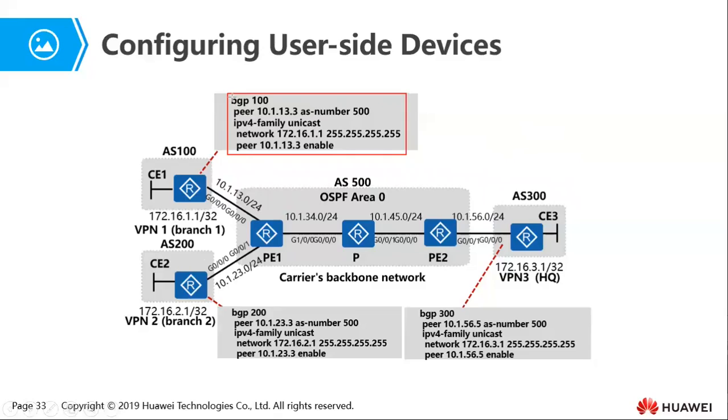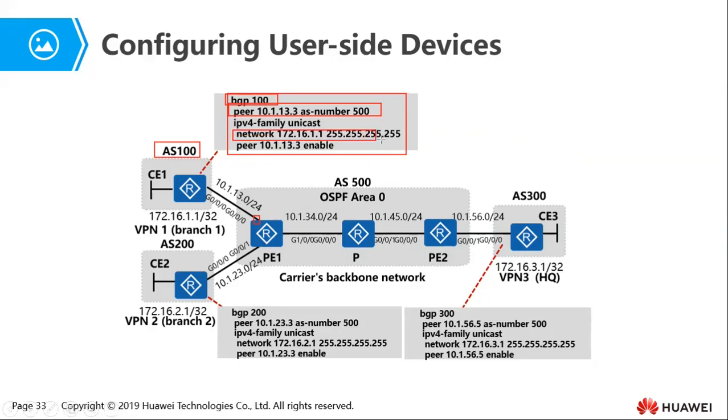So the command for configuring BGP, as we know, is bgp 100. We are doing this configuration on CE1. BGP 100 because it's in AS 100. Then we want to peer to PE1 on 10.1.13.3. On this particular interface, we're using the physical interface for peering.